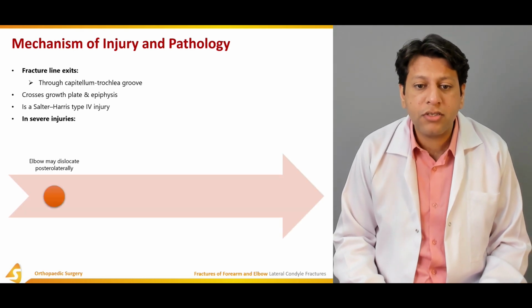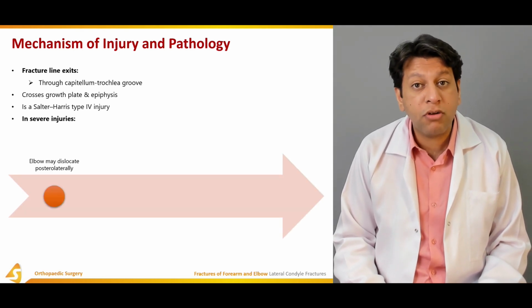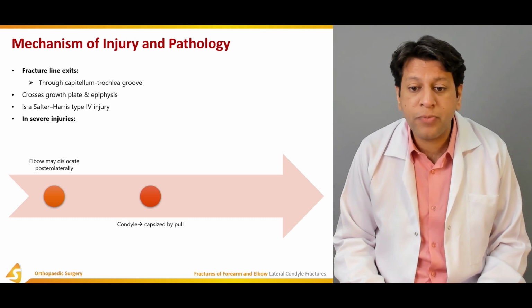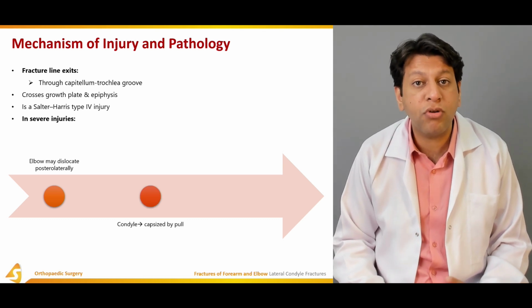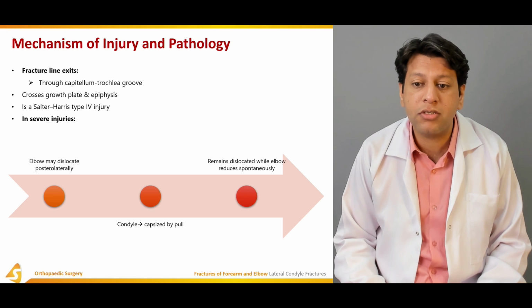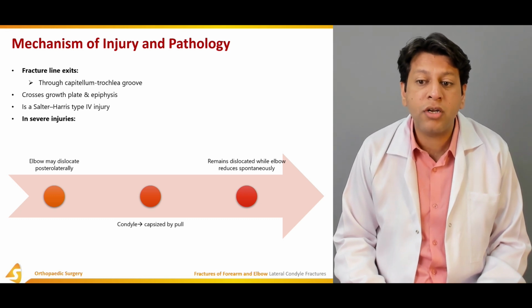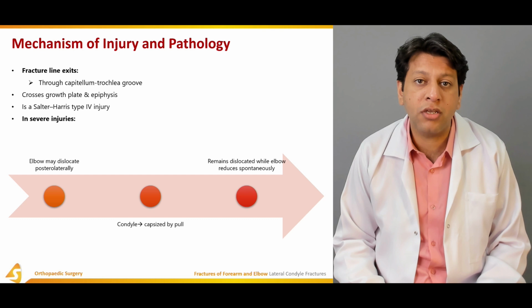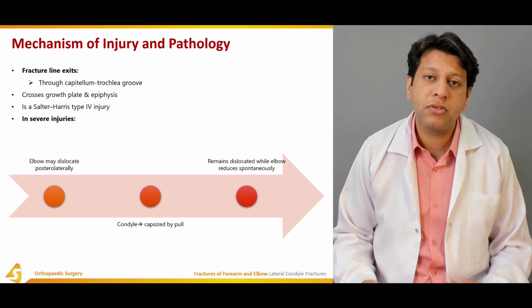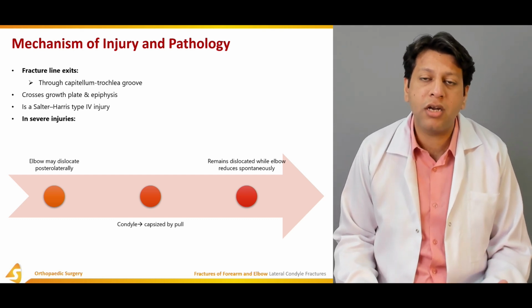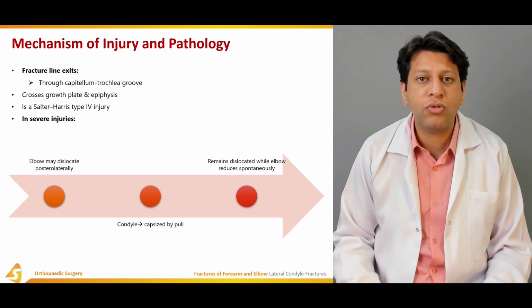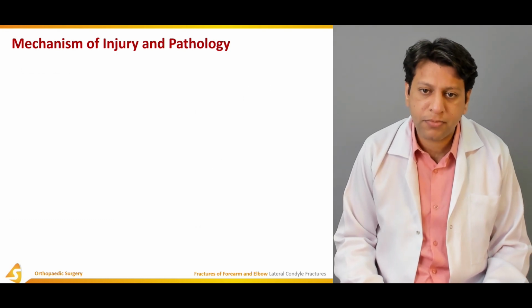In severe injuries, the elbow may dislocate posterolaterally in case of high energy trauma. The condyle is capsized by the pull of the common extensor origin muscles, and it may remain dislocated while the elbow reduces spontaneously. Usually when that happens, what we see is a markedly displaced lateral condyle fragment, which is also malrotated most of the time.